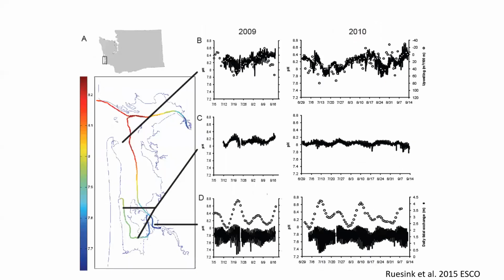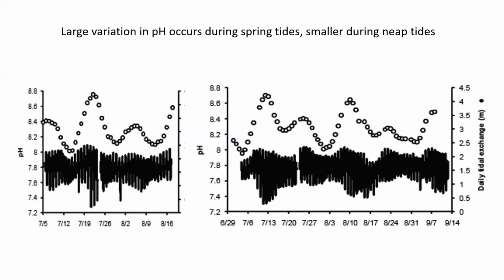Okay, and then as we get up to the river part, what you see is this really strong variation at very short time scales in the pH variability. So on the order of 0.5 pH units on a tidal basis, with the most extreme pH variability being at those times when the daily tidal exchange was the greatest.